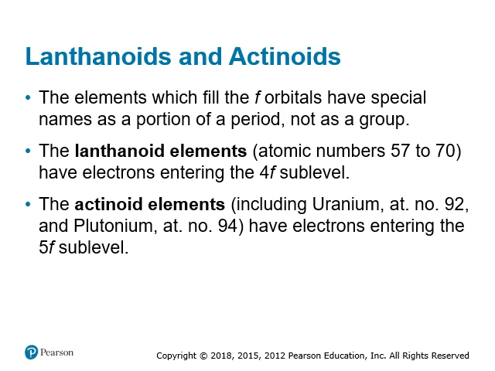In the actinoids, we see things like uranium, plutonium, neptunium, californium, americium. They tend to have similar properties, and we see that electrons are entering into the 5f sublevel in the actinoids, while they are entering into the 4f in the lanthanoids.